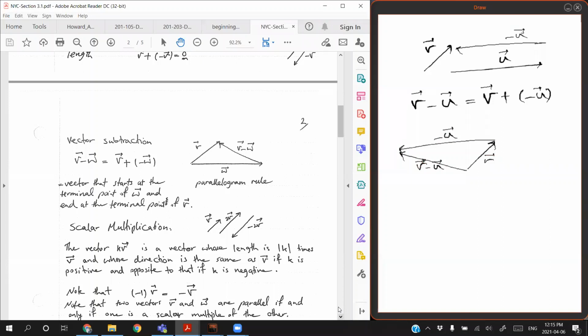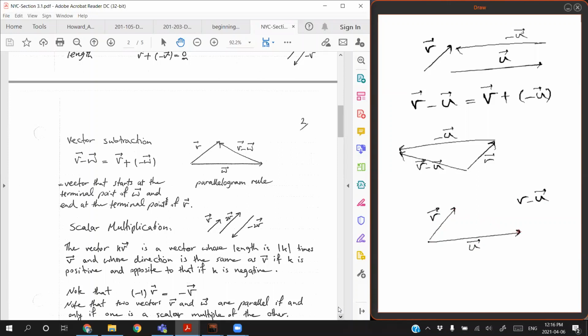Another method of doing the subtraction is you can bring these two together, the u and the v. You can bring them together so that they share an initial point like this. And then v minus u is going to be the vector that starts at the end of u and ends at the end of v.